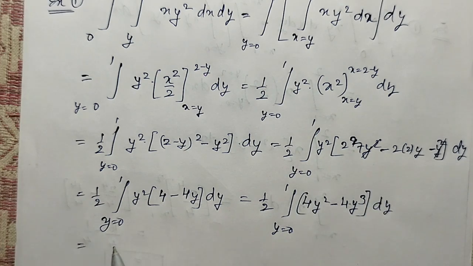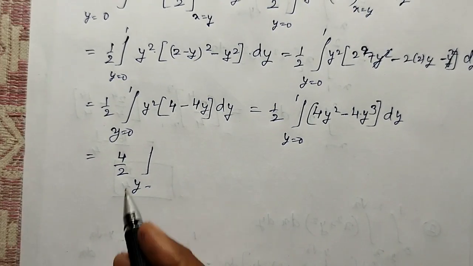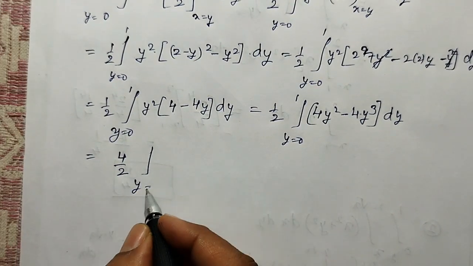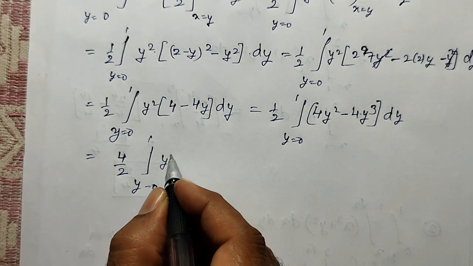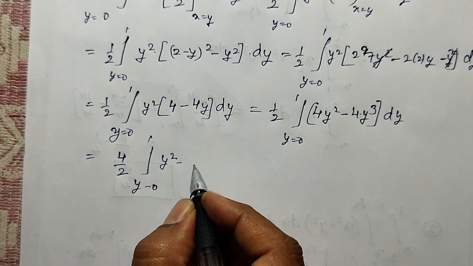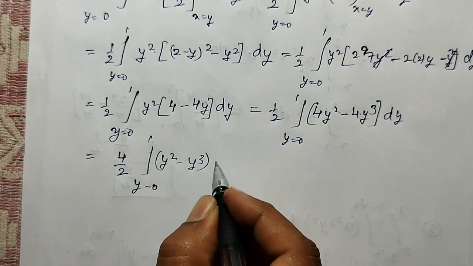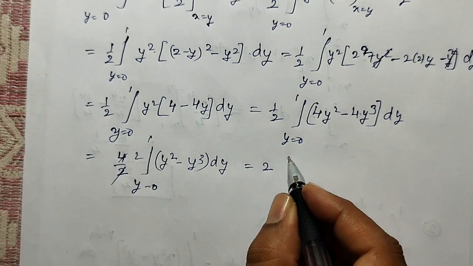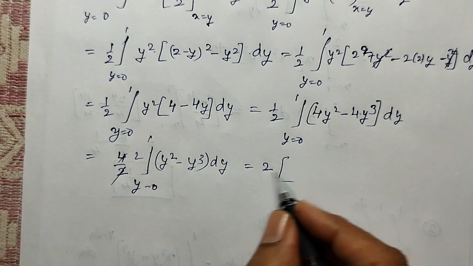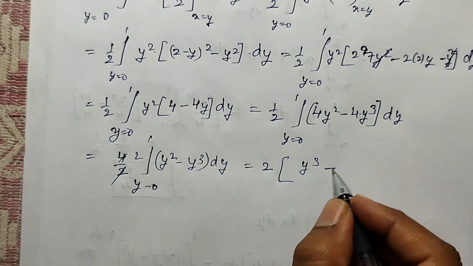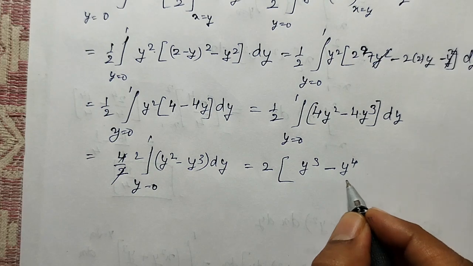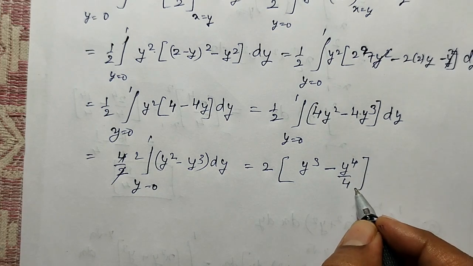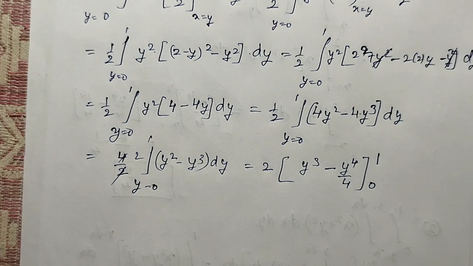I will take 4 common and then integrate. 4 divided by 2 integration from y equal to 0 to 1, you will remain with y square minus y cube into dy. Here the 2s cancel: 2 into bracket, the integration of y square with respect to y is y cube, minus the integration of y cube, which is y raised to 4 divided by 4, between the limits 0 to 1.